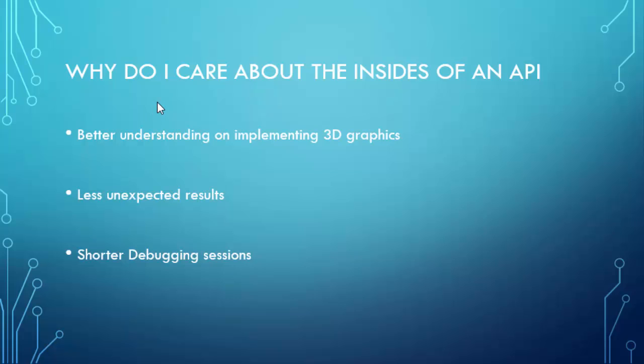This also links to debug sessions. If there is something not working right, it would take me less time to debug it if I know what's going on on the insides. This is pretty much the easiest way to explain why I care what's inside them. Say I mistyped something within the rendering engine.